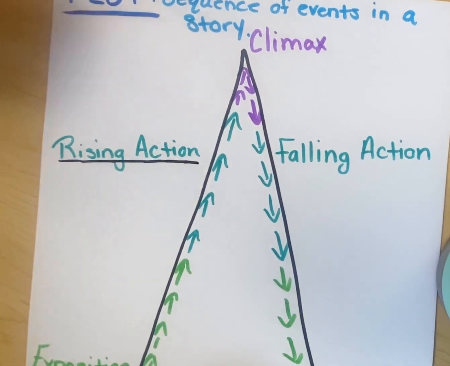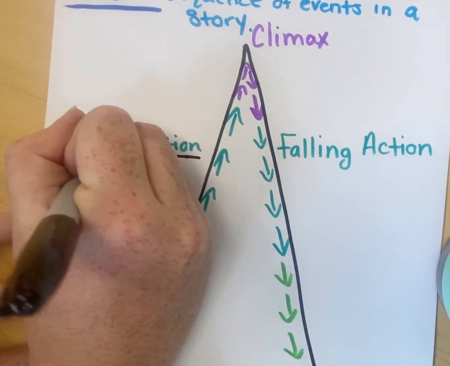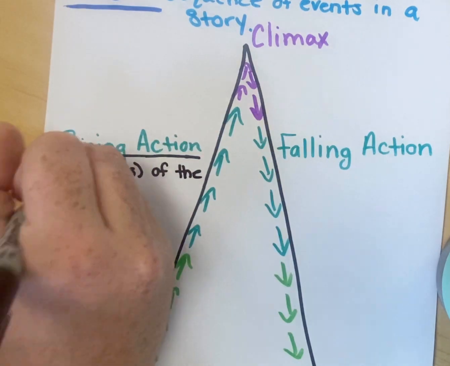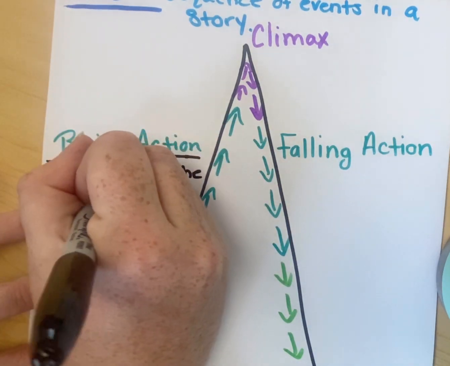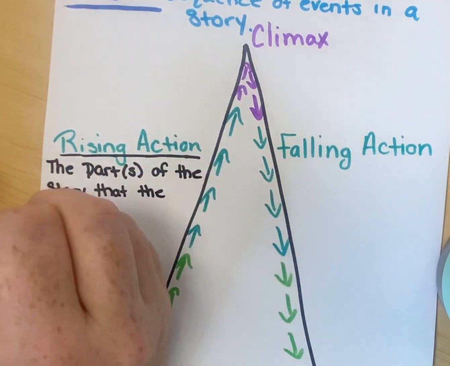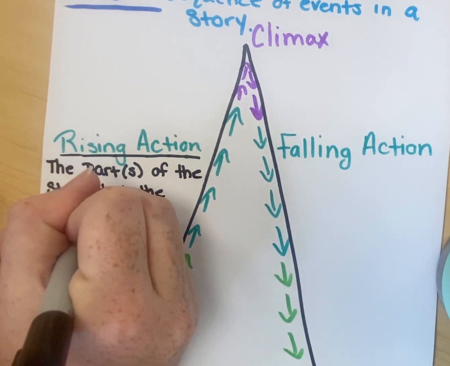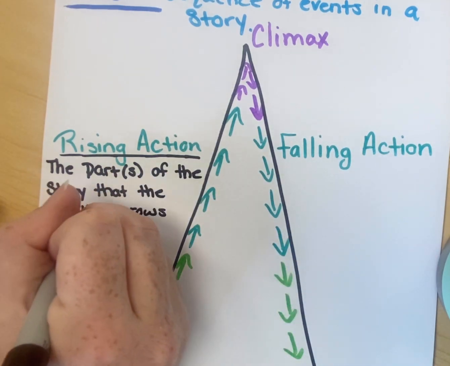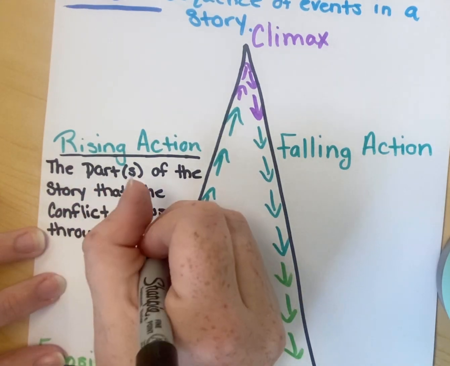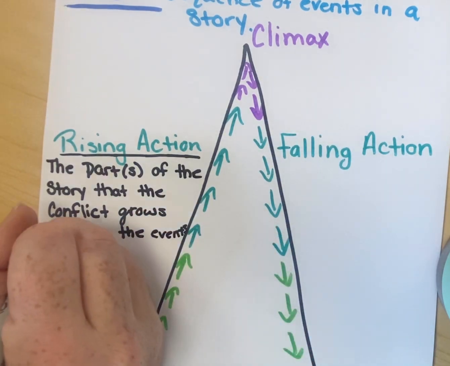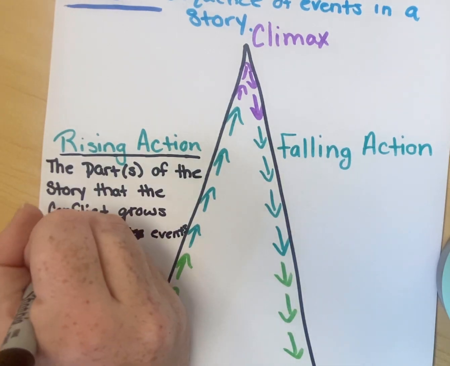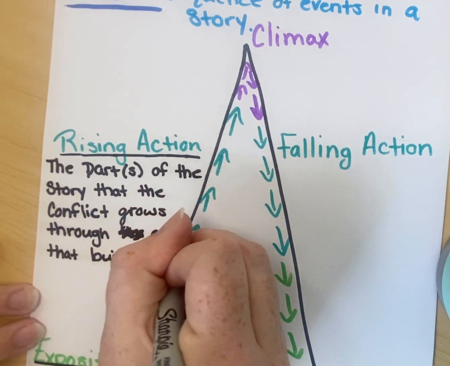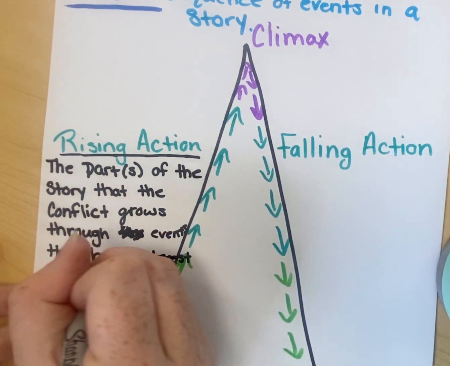I'm going to underline mine and make it look better. So rising action is the part or parts of the story that the conflict grows through the events that build interest and suspense.